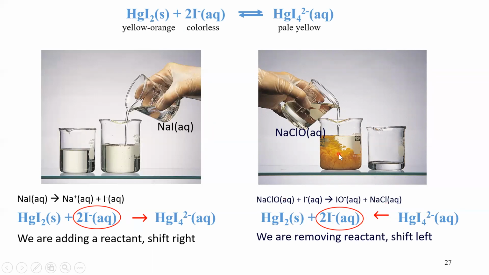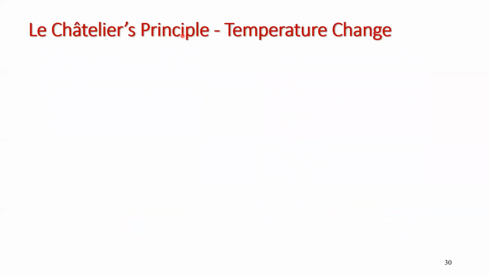And we can actually see that yellow solid being produced. So changing concentrations can shift an equilibrium either towards the products or towards the reactants. So now let's look at temperature and how temperature affects systems that are at equilibrium.